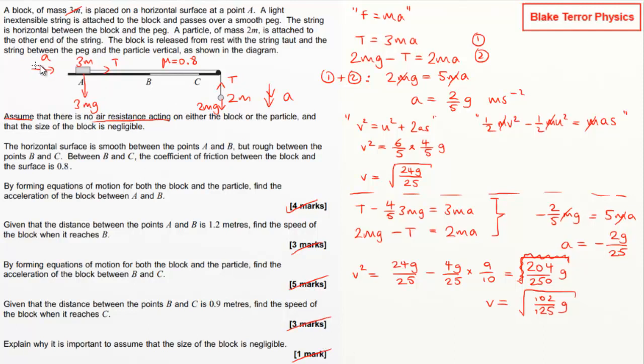So if this block has got volume, then you're going to get a transition going on there where the block is going to be partly on the rough surface and partly on the smooth surface.